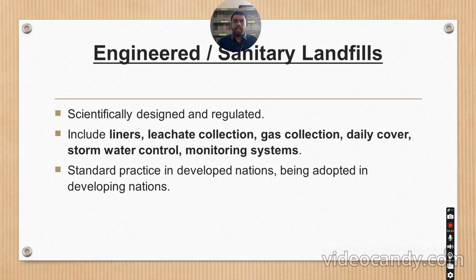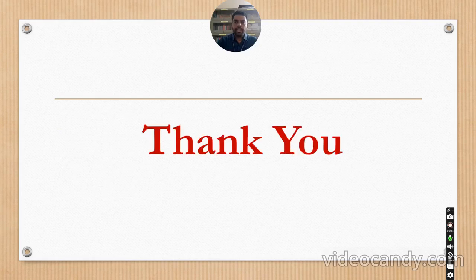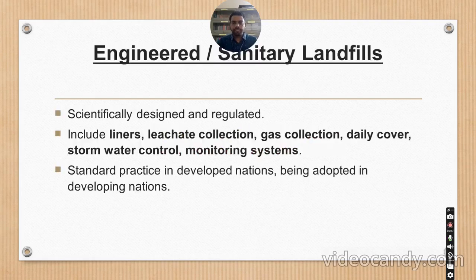It completely avoids leachate, which means it does not pollute the groundwater. It is standard practice in developed nations and is being adopted in developing nations. All nations, developed, semi-developed and underdeveloped, should follow engineered sanitary landfills.